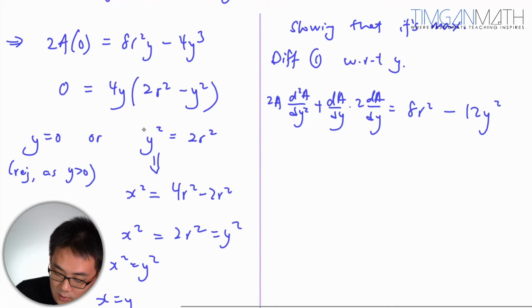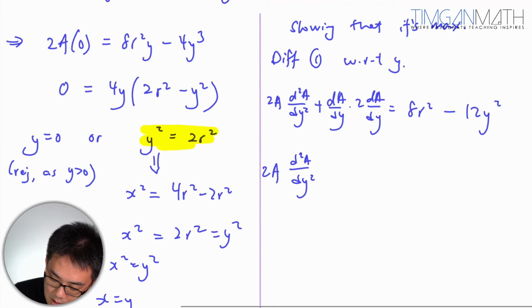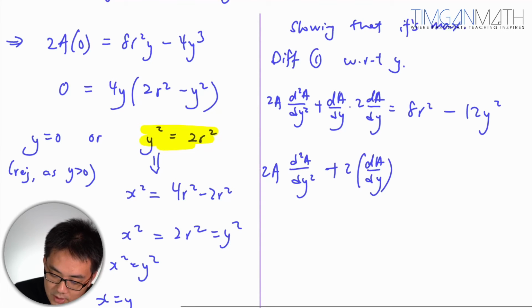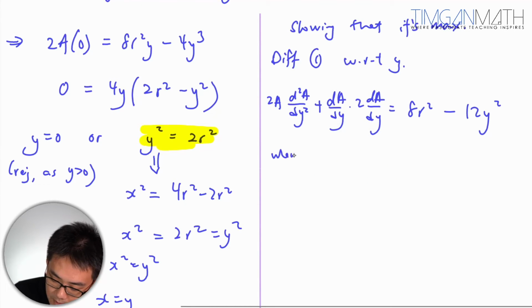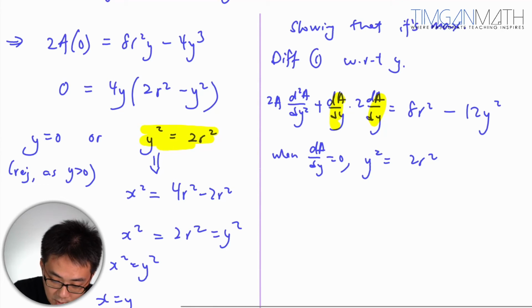Then once this is done, we're just going to let y squared equals 2r squared. Obviously, when dA/dy equals 0 and y squared equals 2r squared, this is 0, this is 0, everything is 0.